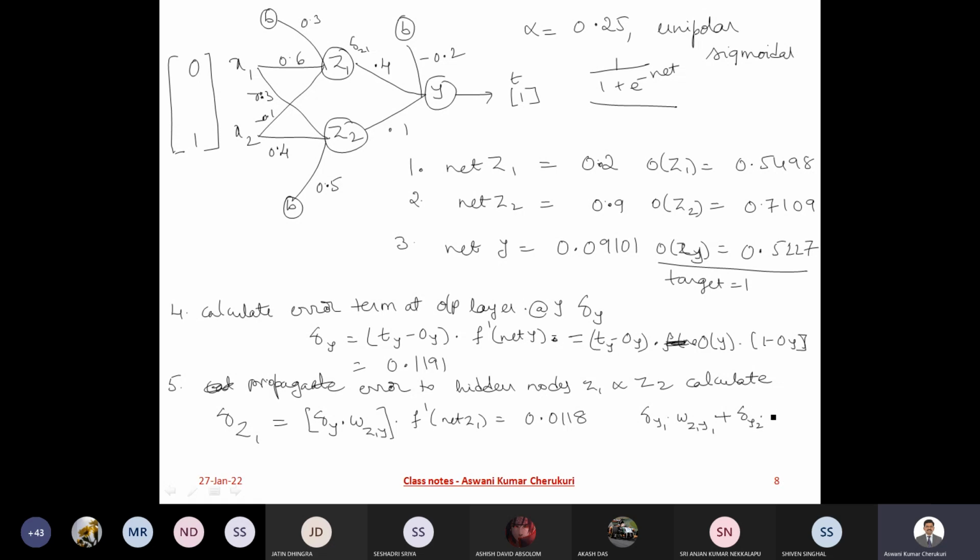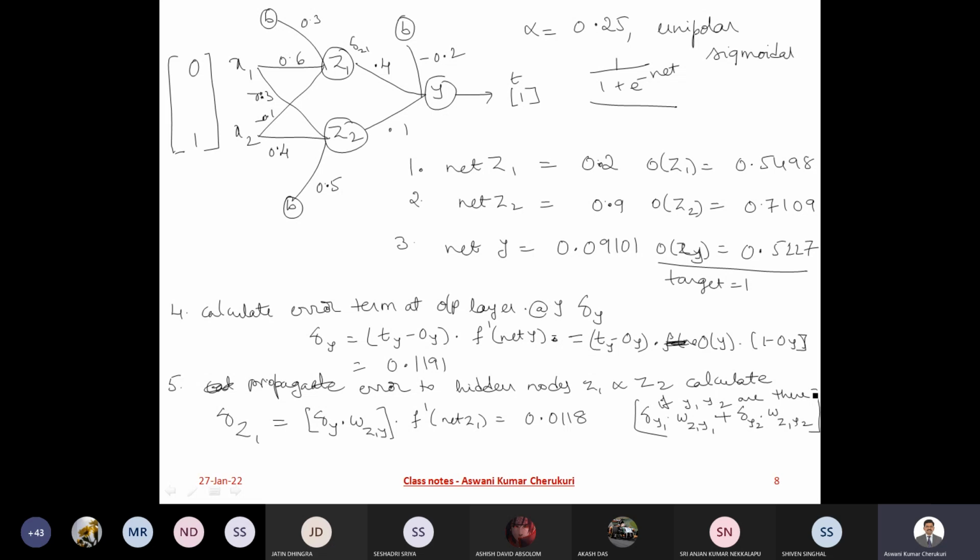Like that, you add as many output nodes as you have, and that many corresponding dels get propagated back to z1. Hope you got it. I'm just writing here so you don't get confused in case you see y1 y2 tomorrow.